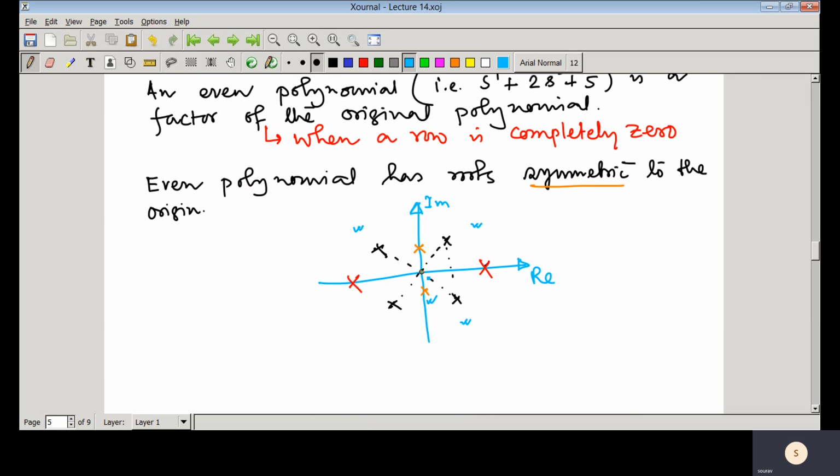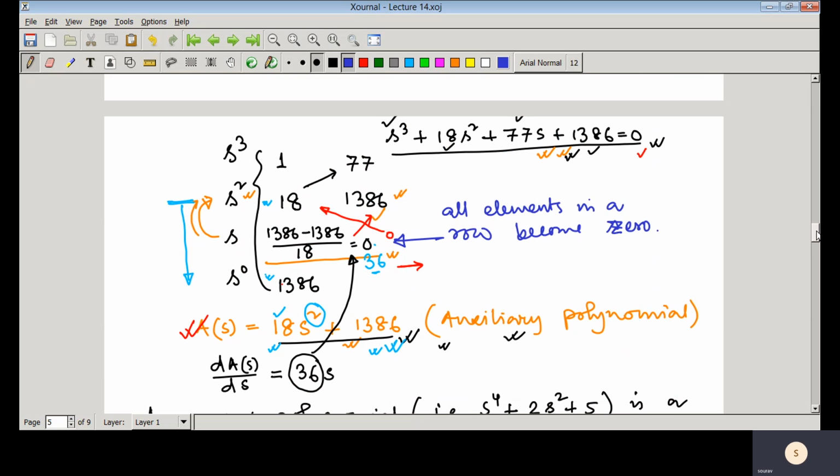Two roots on the imaginary axis, and it should be symmetric to the origin. So let us write it here that for this particular example, no roots in the right half of S-plane. The reason is there is no change of sign.